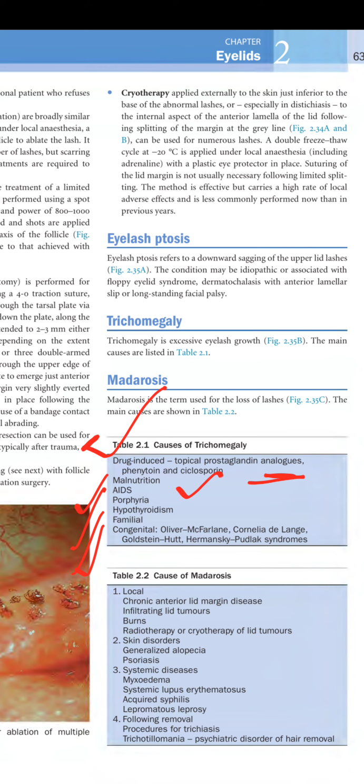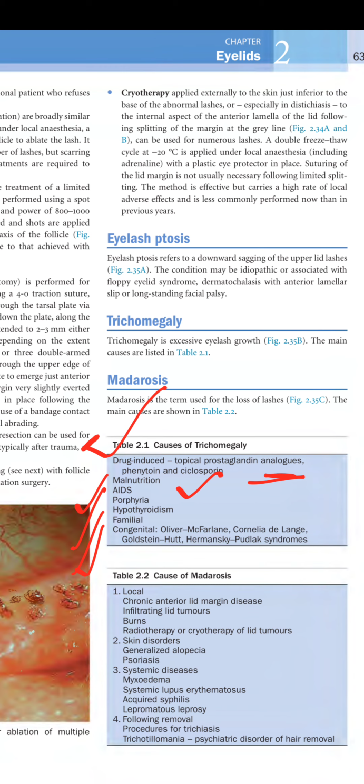Local causes are chronic anterior lid margin diseases, infiltrating lid tumors, burns, radiotherapy or cryotherapy of the lid tumors. Skin disorders in which there is a generalized alopecia, psoriasis. Systemic disease: myxedema, SLE, acquired syphilis, lepromatous leprosy. Following removal procedure for trichiasis.